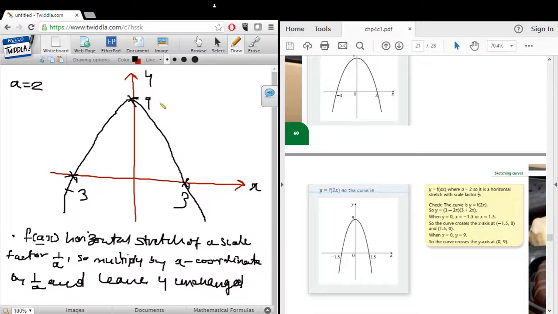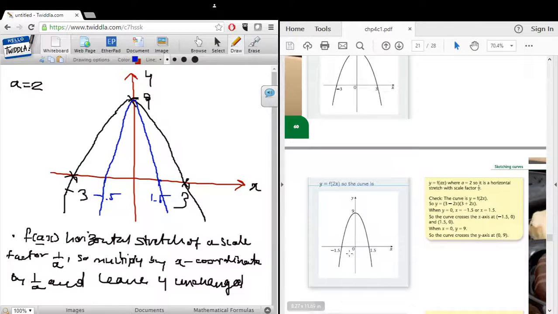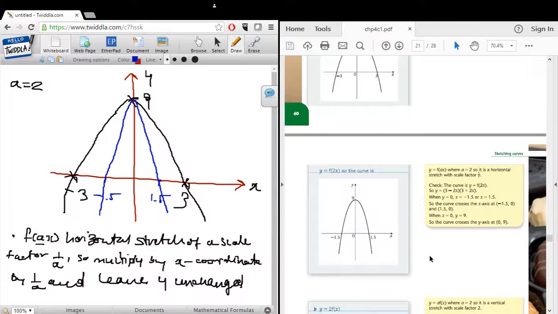So y stays as 9, leave it as that. 3 multiplied by 1 over 2 is what? Well, a half. So it's going to be minus 1.5, likewise here 1.5, and then y is unchanged, so it comes back down like that. Here you can see the answer. Very simple, very easy, quick to do.